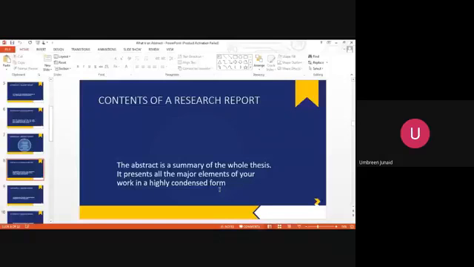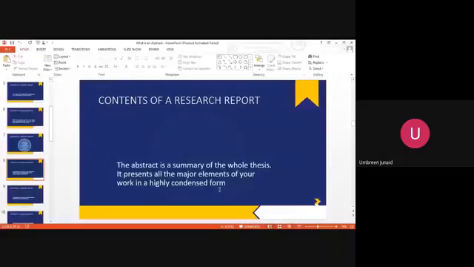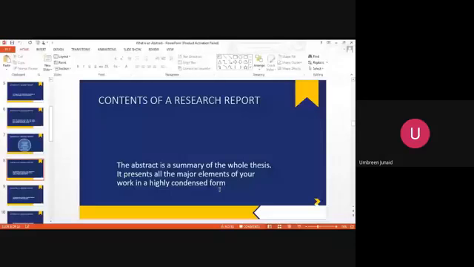If you have ever checked scholarly search engines, you may have found a link to the abstract. You instantly get an idea what is written in that report, what exactly the content of the research report is. So abstract is actually a highly condensed version of what you have done.